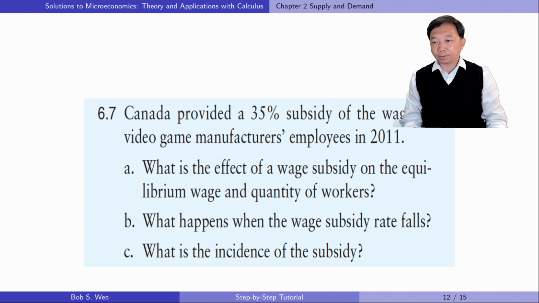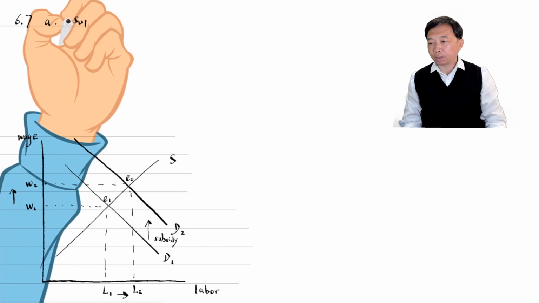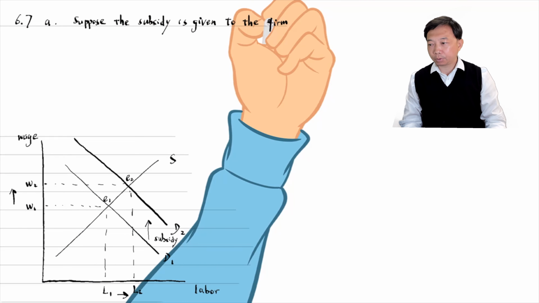Let's solve exercise 6.7. Canada provided a 35% subsidy on wages of video game manufacturers' employees in 2011. In Part 1, what is the effect of a wage subsidy on the equilibrium wage and quantity of workers? Suppose the subsidy is given to the firms.